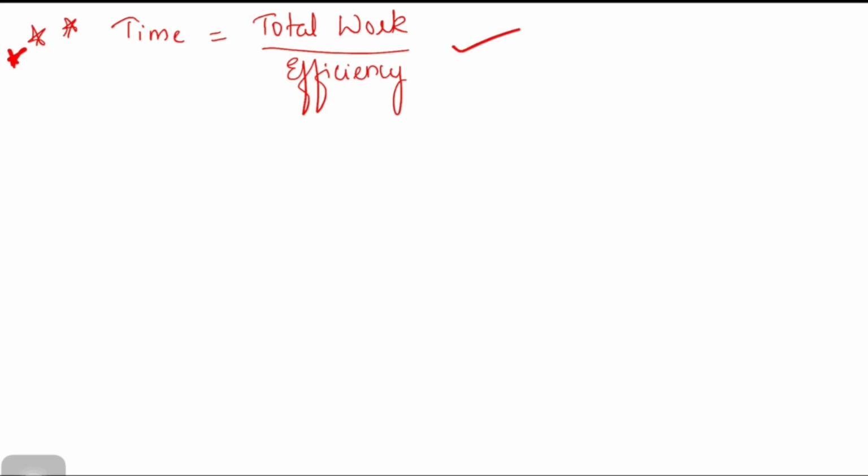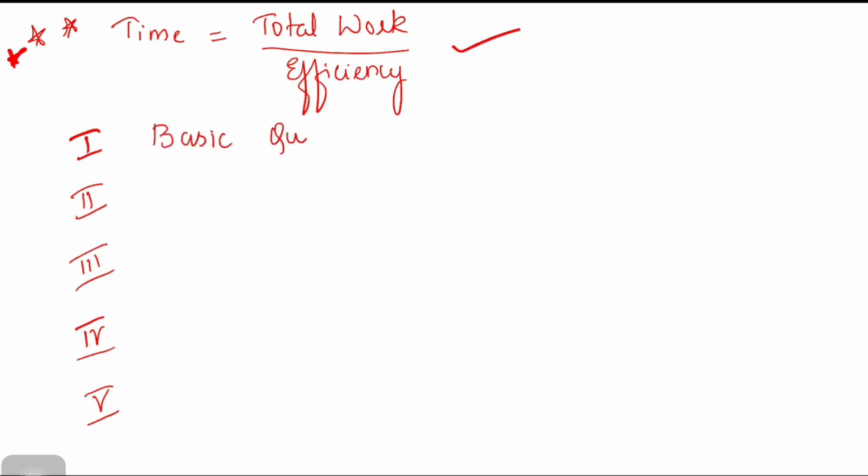Okay, so time and work chapter I have divided in five different parts. I will solve the time and work problems in 5 different parts. So what are those? Let us see. The first part is the basic questions.